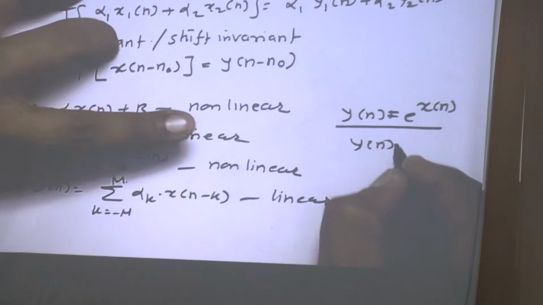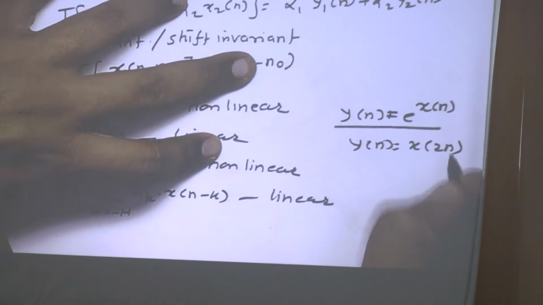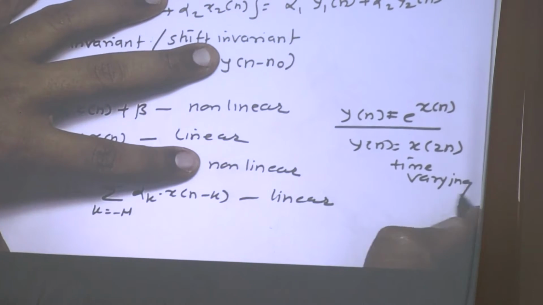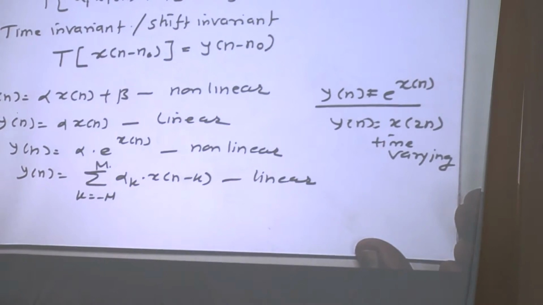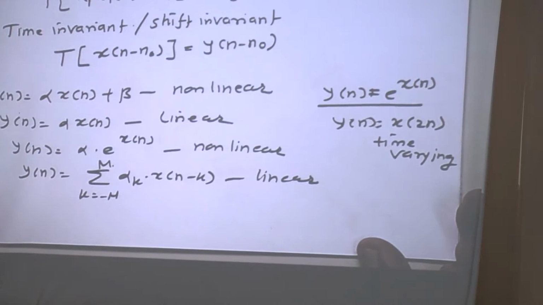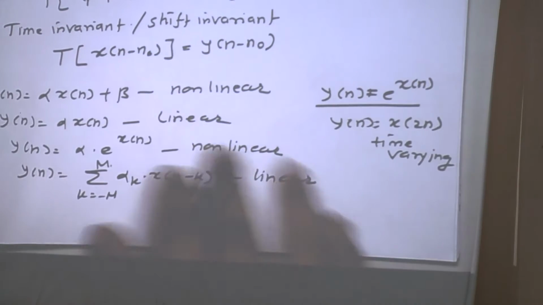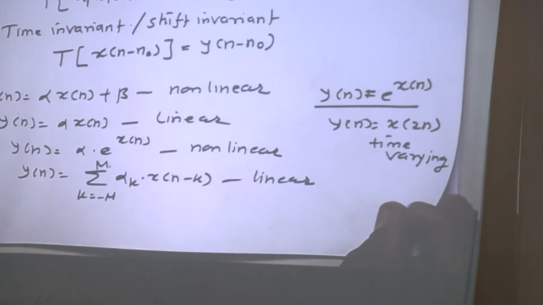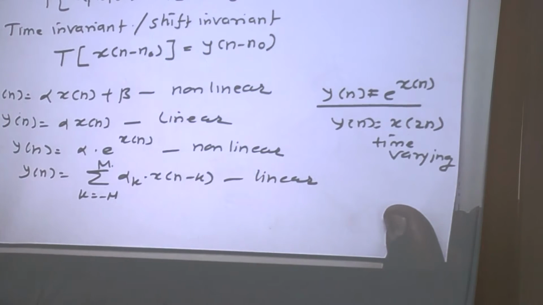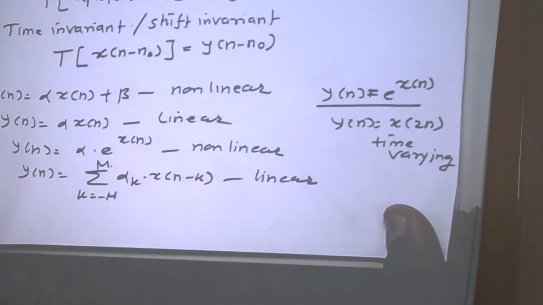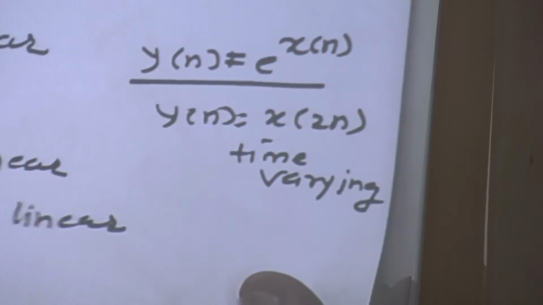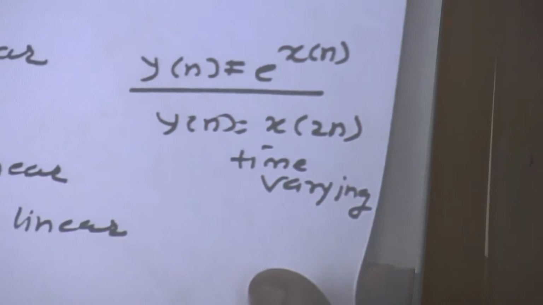Y of n is equal to x of 2n is an example of time varying system. Is it okay? Any question on this?